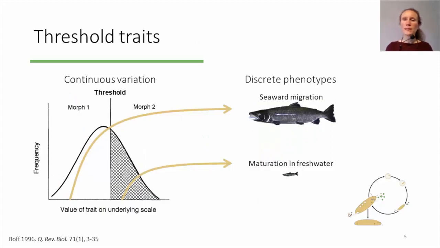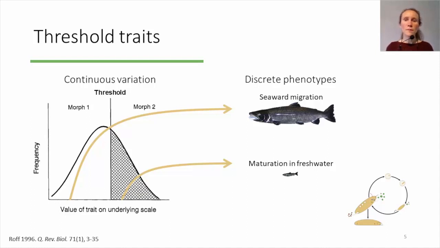But some traits, conversely, are not continuous. They are either binary with two options, or they can have a few different values. And sometimes this corresponds to very different, distinct phenotypes in the organism. To take an example I know well, here Atlantic salmon, we see that depending on the level of energy available early in life, in their first spring basically, they will have very different life history strategies.